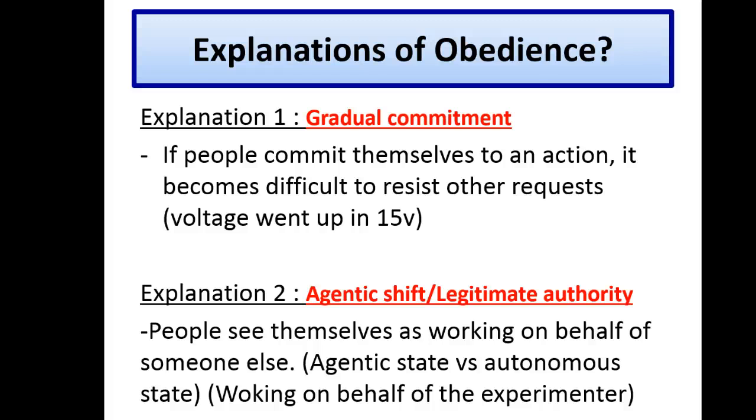So it's not really us doing it, it's doing it for somebody else. This explanation says we keep moving between our agentic state and our autonomous state. And if we're following direct orders, because we're in our agentic state, everything that we do is not our fault. It's because we are doing it for somebody else.